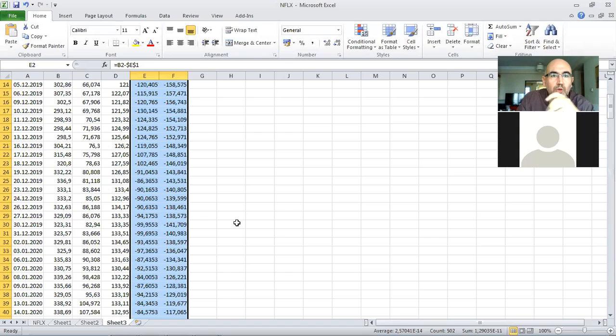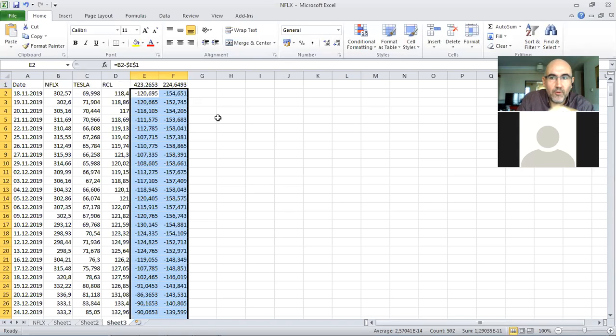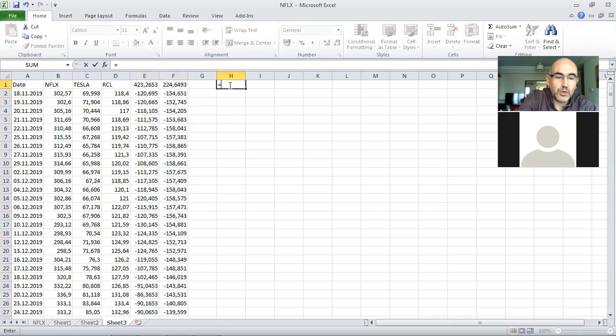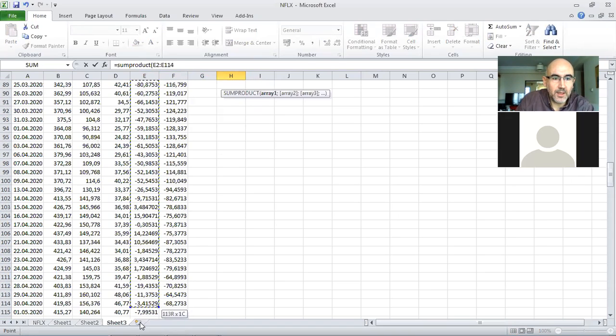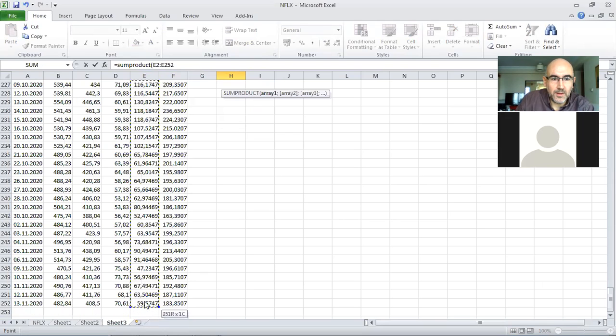To calculate the covariance, I'm going to use a SUMPRODUCT function, which sums the products of one array and the other.